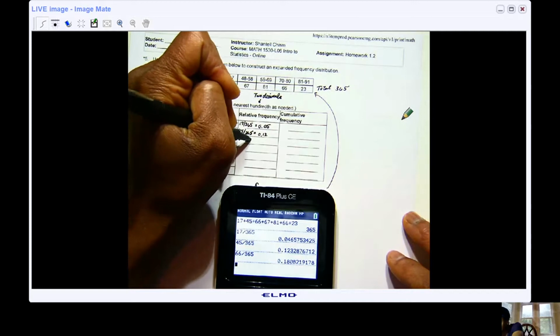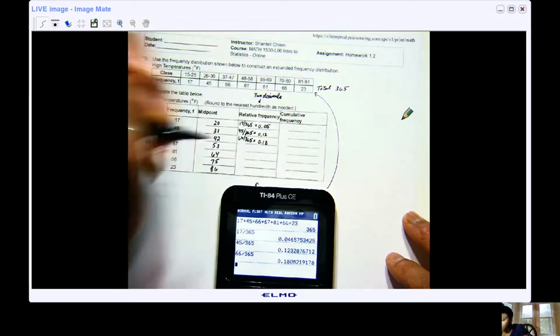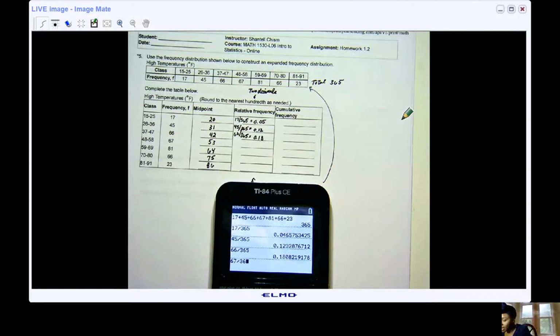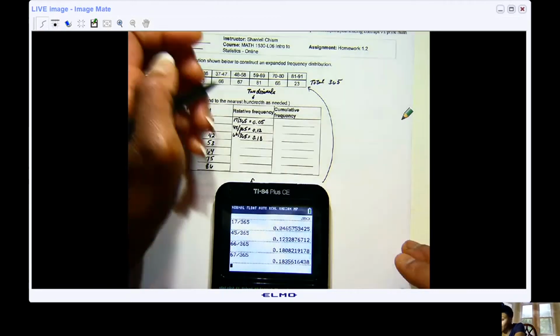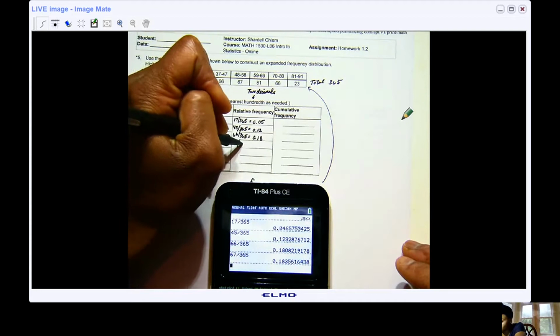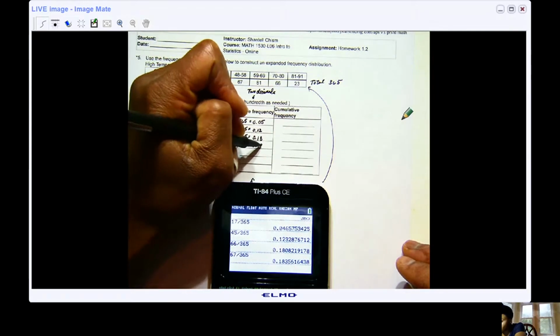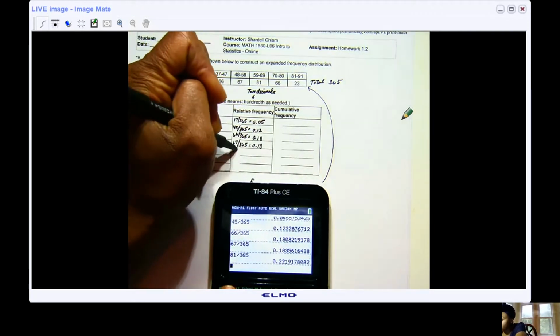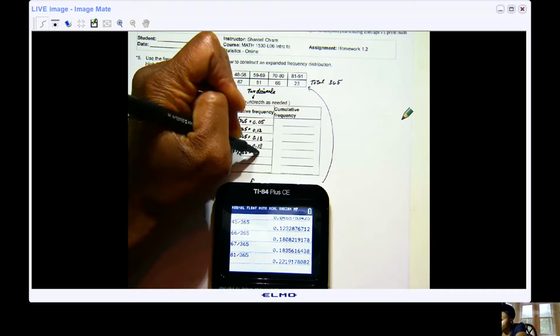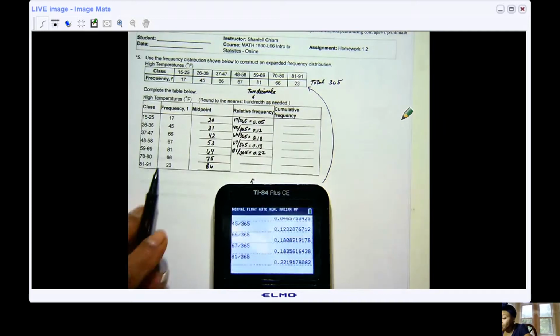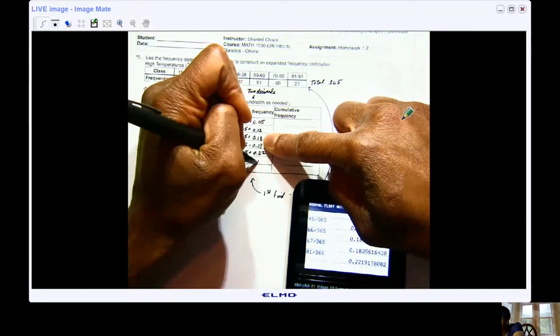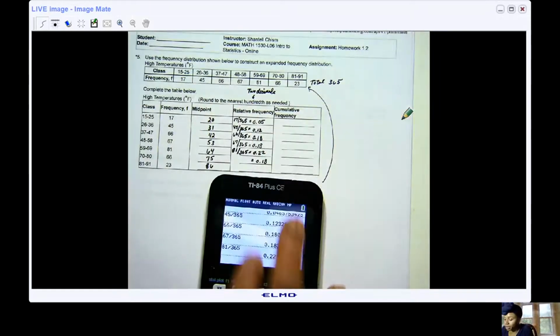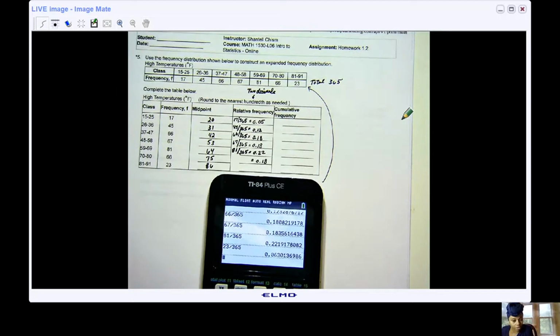Then 67 out of 365 is 0.1835, so again 0.18 with 2 decimals. 81 out of 365 is 0.22. 66 again is 0.18. And then 23 out of 365 is 0.06.